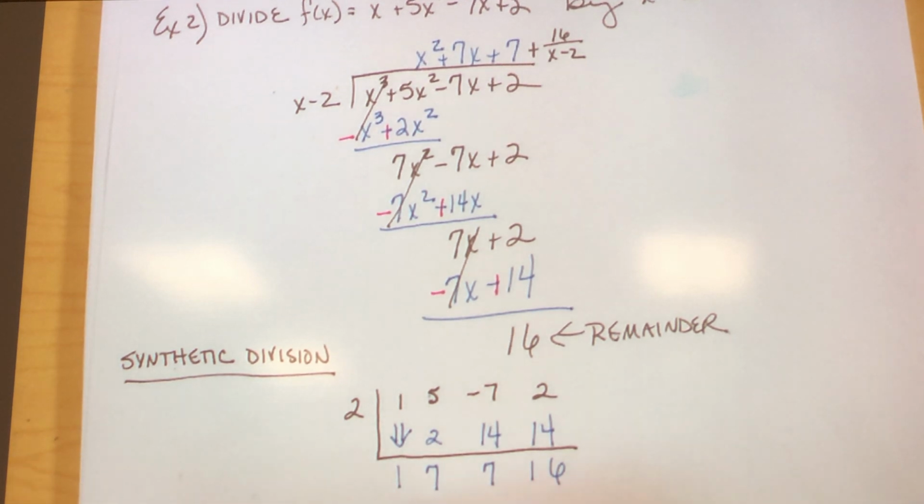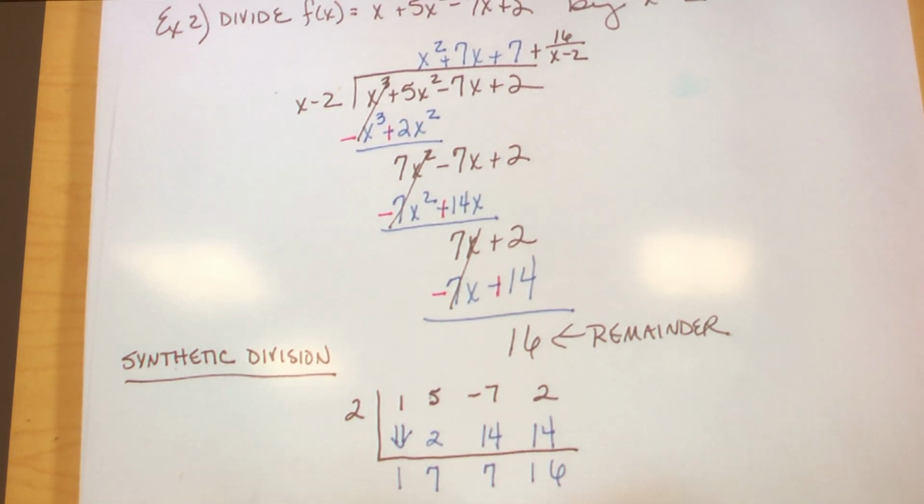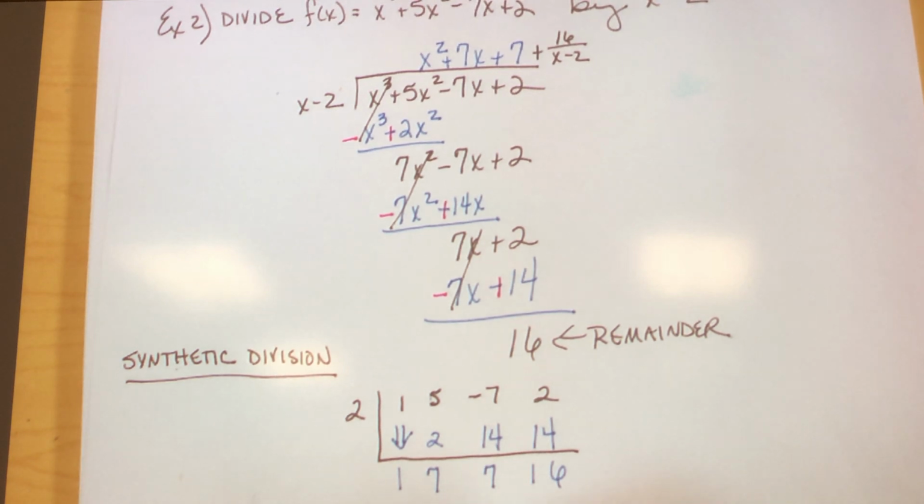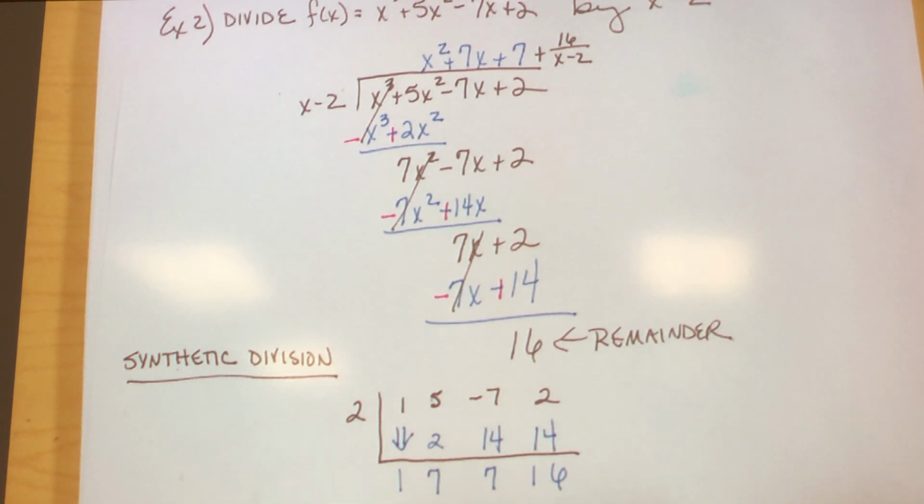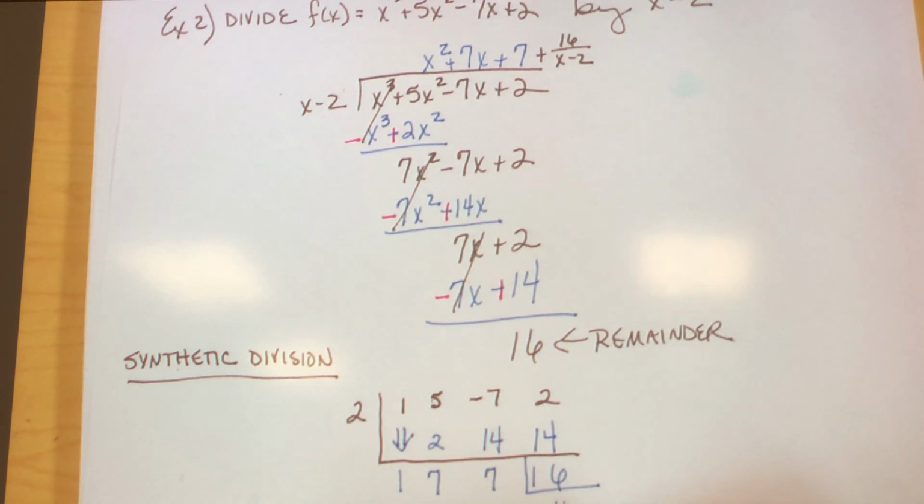It is 1 x to the 2nd plus 7 x to the 1st. It's just going down by 1. Plus 7, and this guy's my remainder. So plus 16 over x minus 2 again, because I'm talking about polynomials and not just numbers, okay?